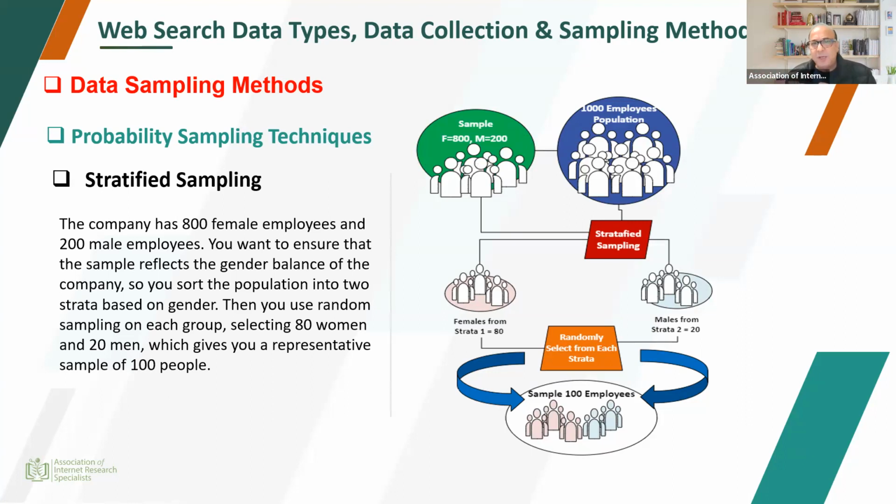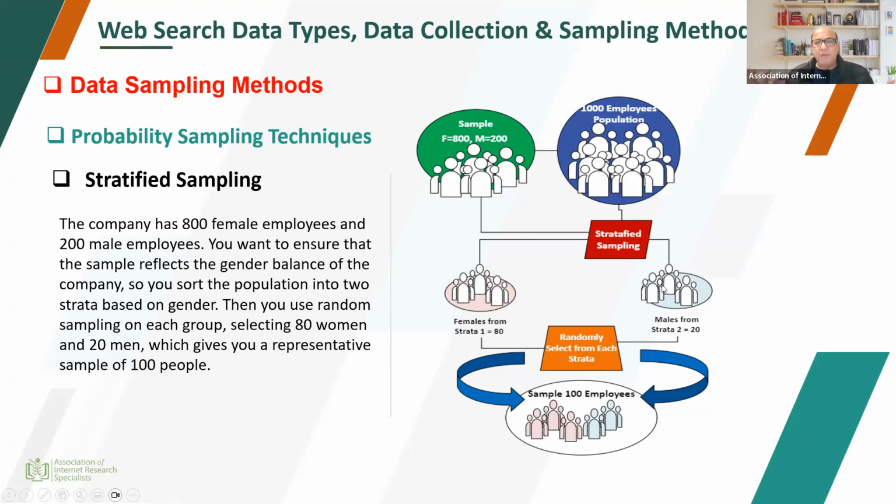Now, if the 80-20 ratio exists in the population, you want to reduce it to say 100. If your target is to select 100 employees out of 1,000, you will maintain the characteristics, or homogeneity, of the first separation that you made between male and female, with a ratio of 80:20. Next, you will split this into 80 females and 20 males.